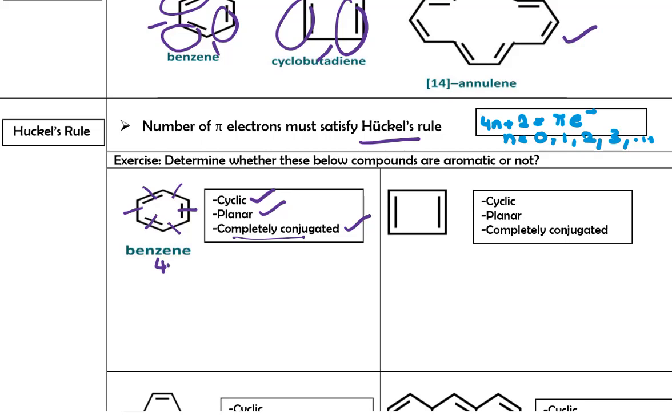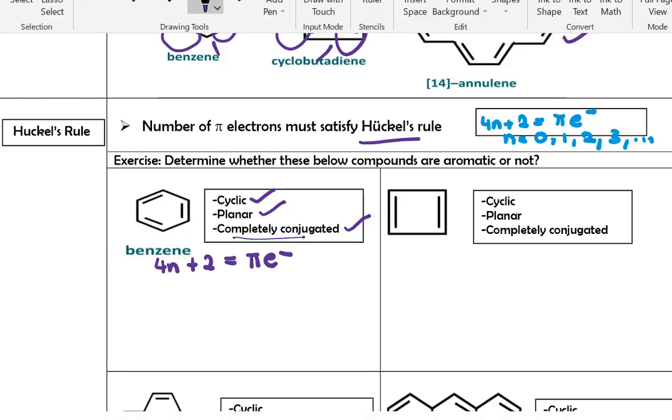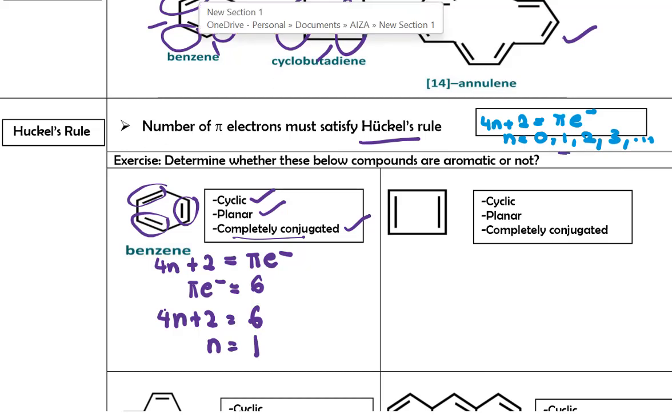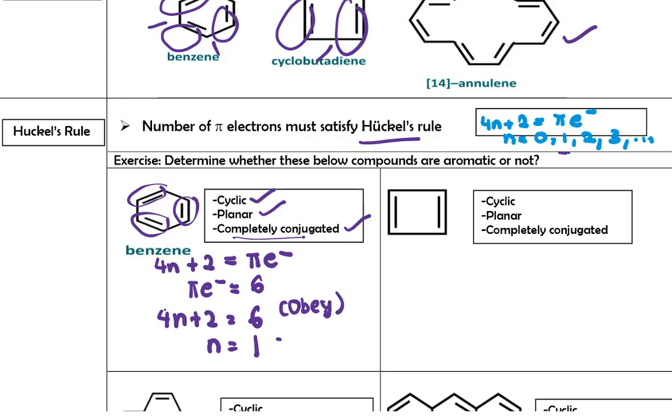According to the formula, 4n plus 2 equals the number of pi electrons. Benzene has 3 double bonds, which means 6 pi electrons. So n equals 1, and n equal to 1 is allowed. So it obeys Huckel's rule, and this compound is aromatic.